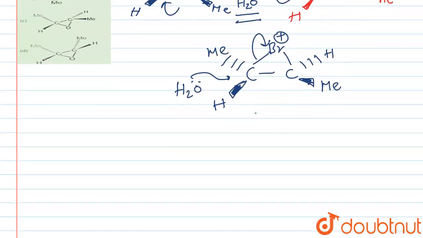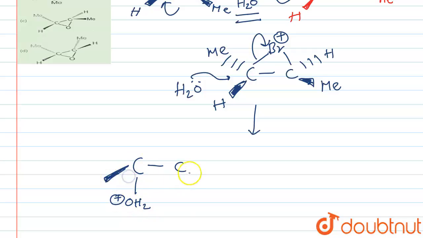This leads to the formation of this type of product: OH2 plus, with the methyl group out of the plane, the methyl group down, the hydrogen down, and our bromine here.